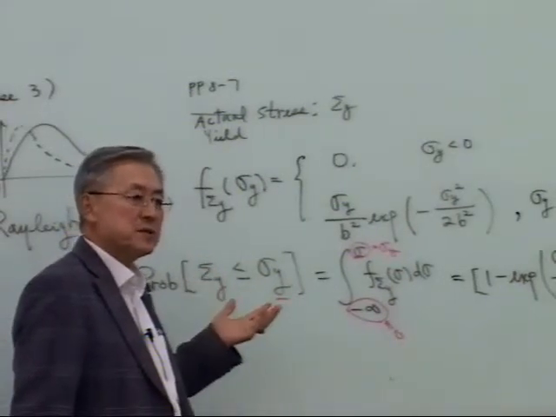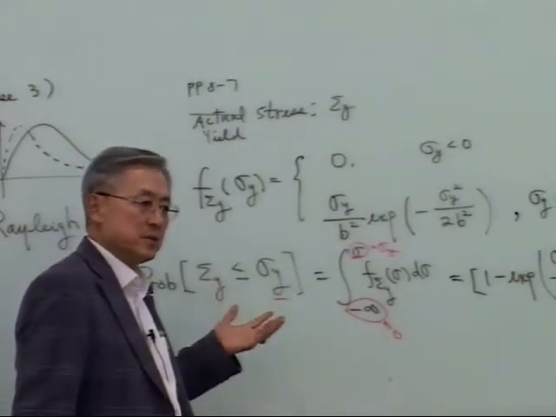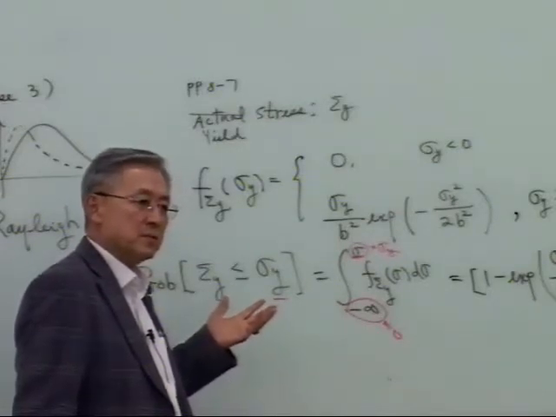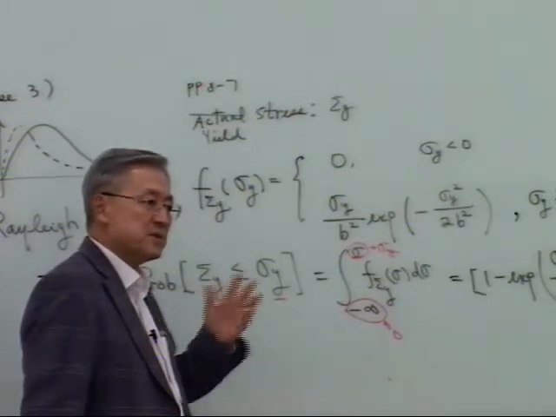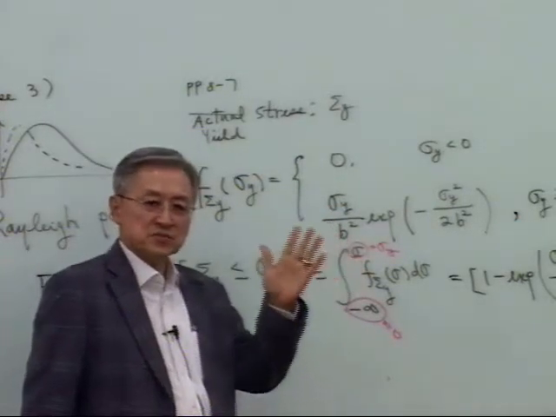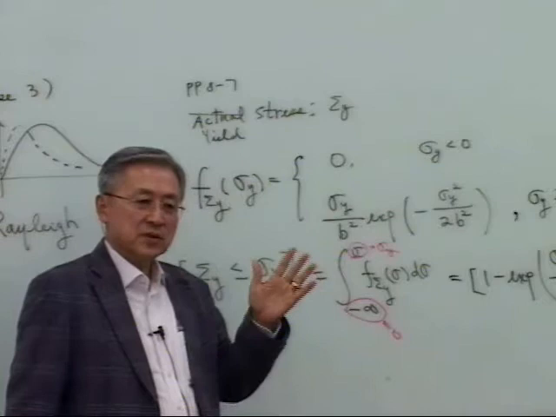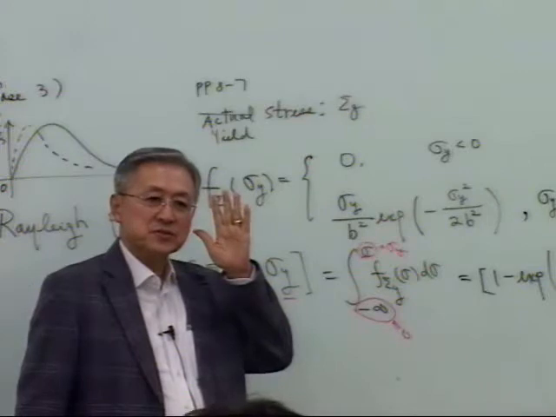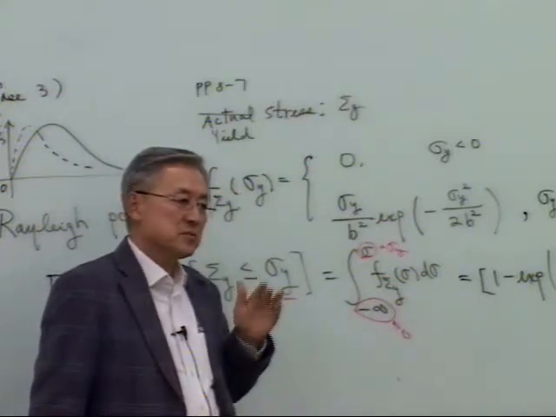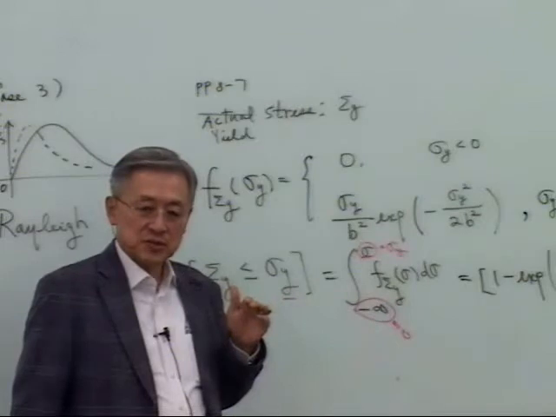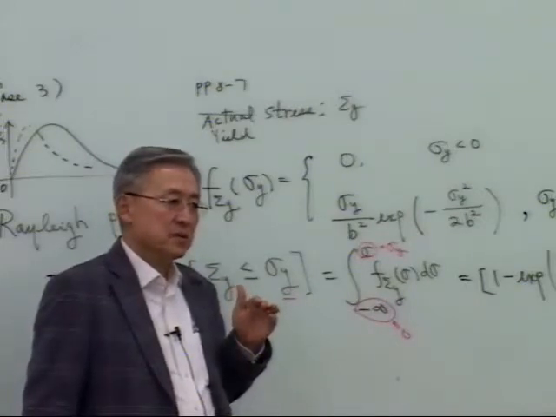So now you are ready to write the structural reliability, or the probability of failure. That's the end of it. So when you design the structural system, the first design parameter you have to consider is what structural reliability it wants. If you want 99.99% reliability, you are wrong.